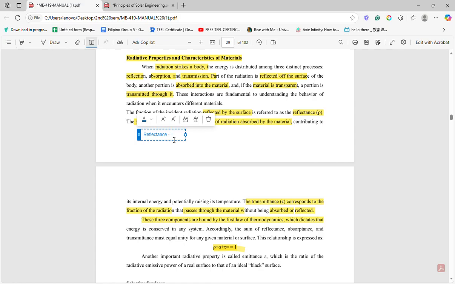If the material has high reflectance, it means there will be a lot of wasted solar energy. Whereas if we have low reflectance, then more energy will be absorbed, or utilized.